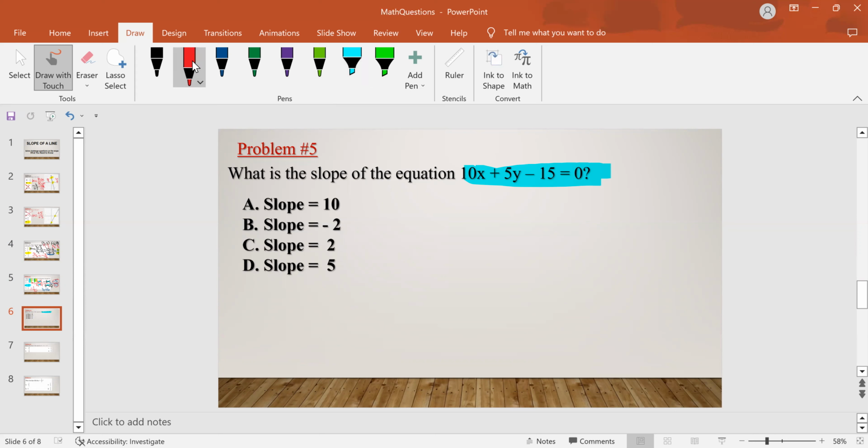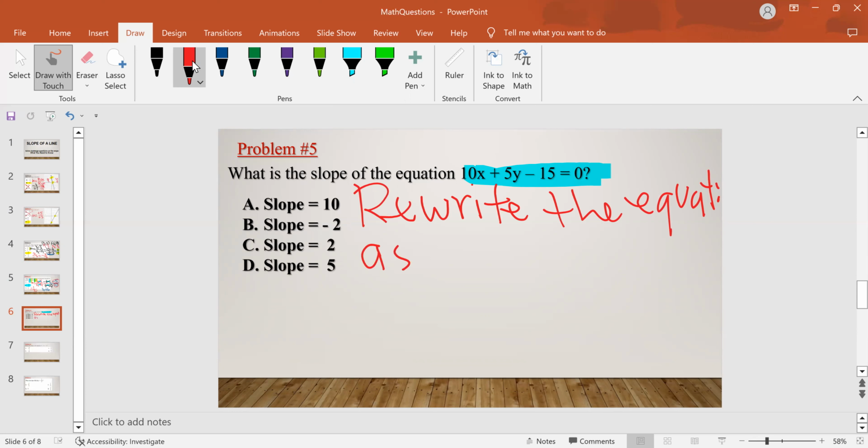A quick review. To find the slope, when they give you an equation like in this case, try to rewrite the equation as y is equal to mx plus b, and you call this form slope intercept form.